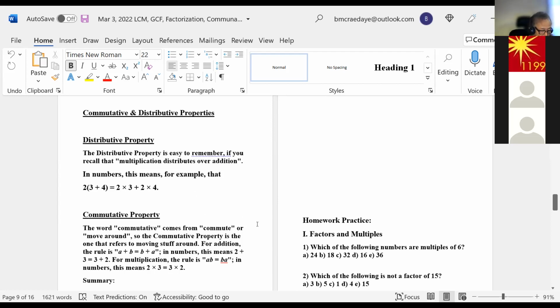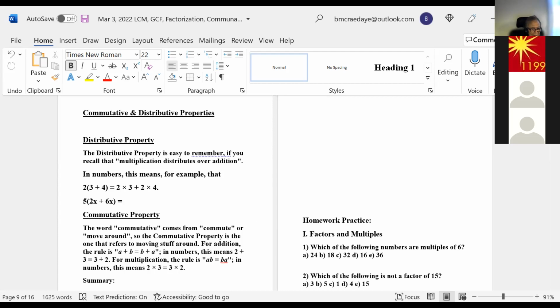Now, let me just take, if I had 5 times 2x plus 6x, what is that equal to if you use the distributive property? Well, 5 times 2 is 10, 5 times 6 is 30. So what would be the answer?